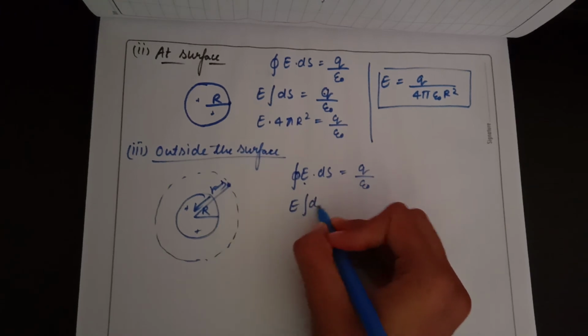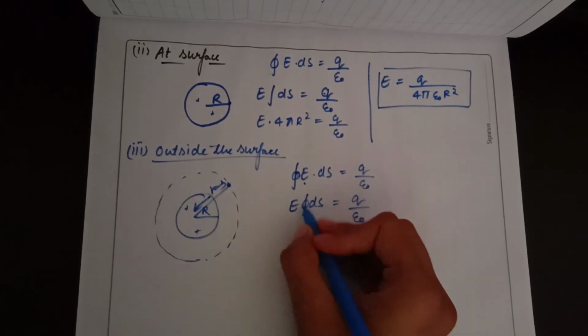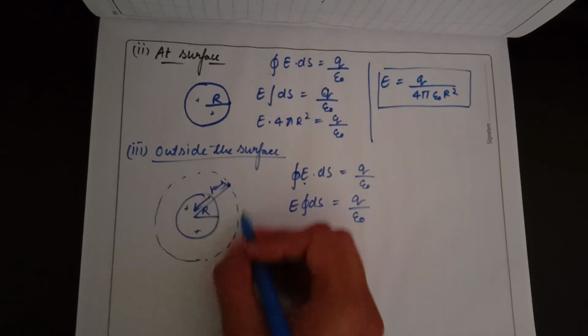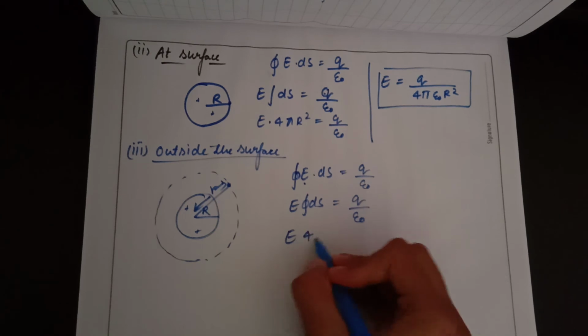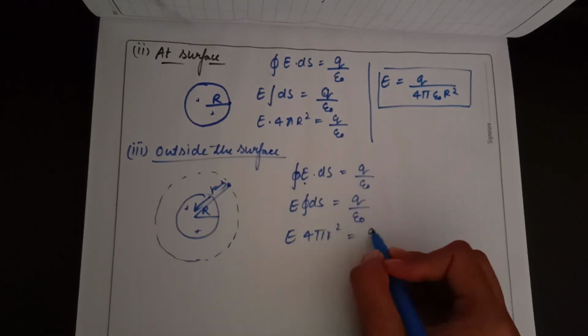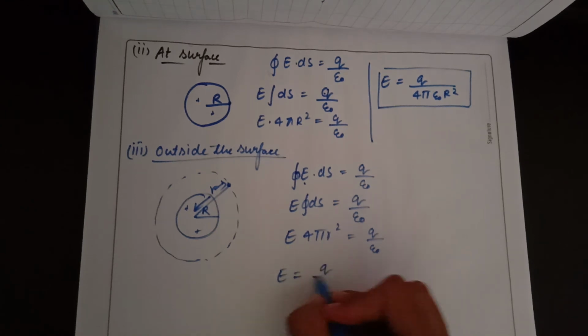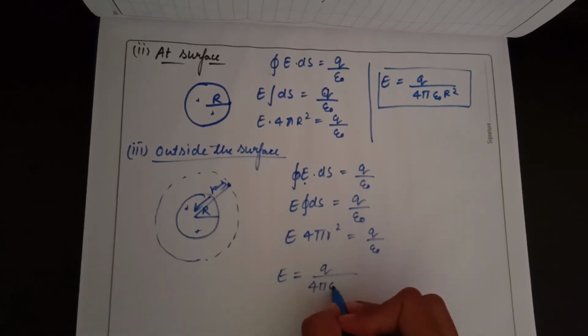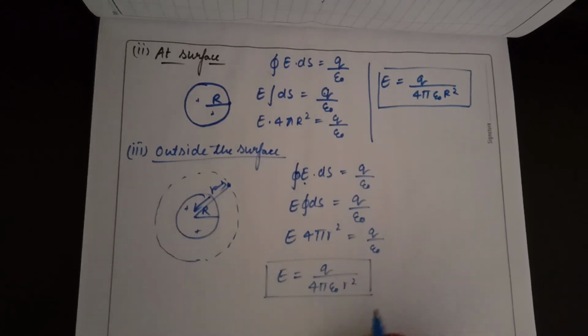So I am left with this equation, q upon epsilon naught. Now ds is 4 pi small r square for this Gaussian surface. So I get E times 4 pi r square is equal to q upon epsilon naught. Finally, we get E equals q upon 4 pi epsilon naught r square. This is the electric field outside the surface.